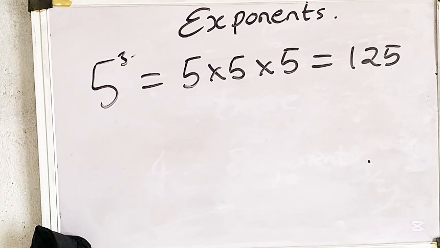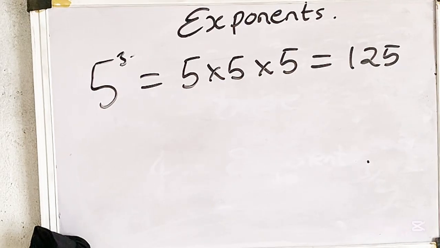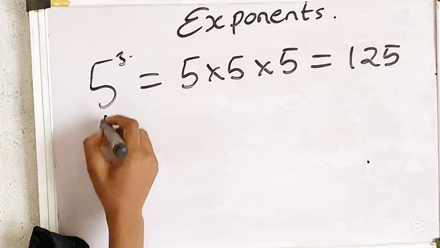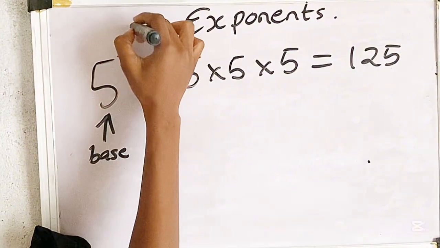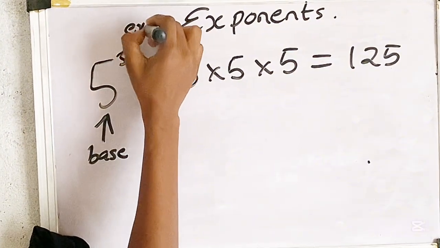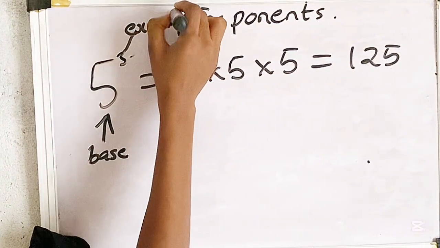So remember that base is the number, while the exponent is how many times it's being repeated.